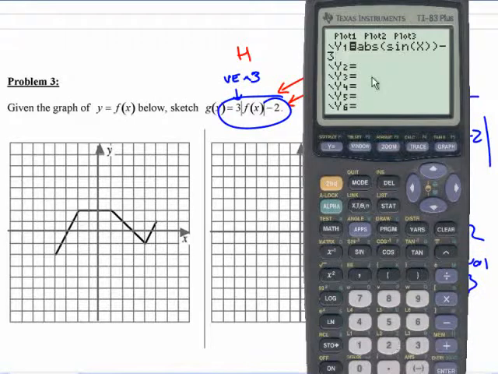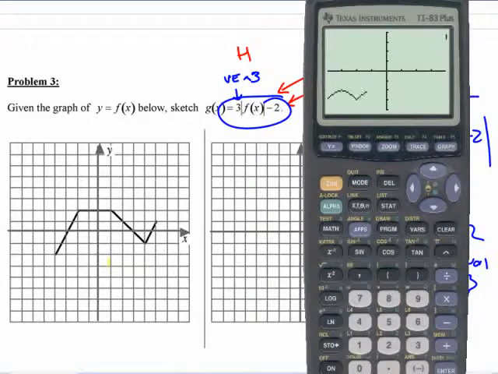What order are those transformations going to be applied? Absolute value of sine of x, and then the minus 3 is outside of the absolute value. What happens first? What happens second? Absolute value happens, then I go down 3, right? So it's going to be down here, right? It's okay for it to be negative.